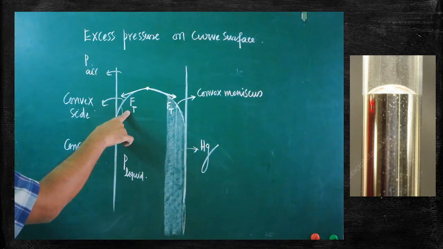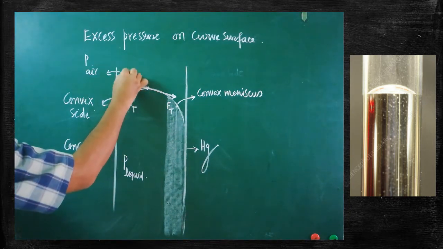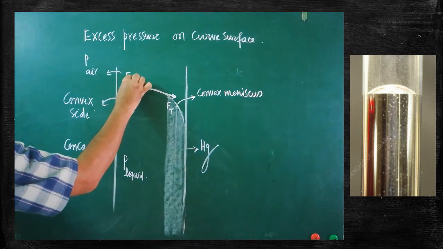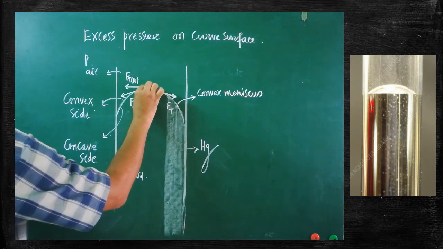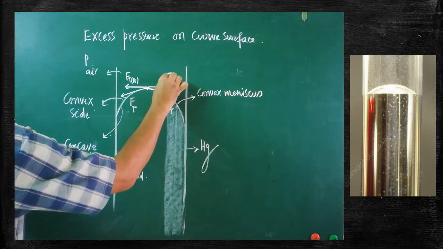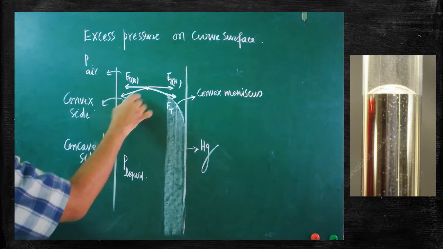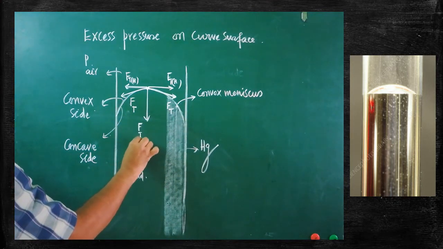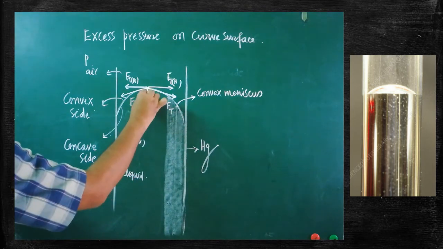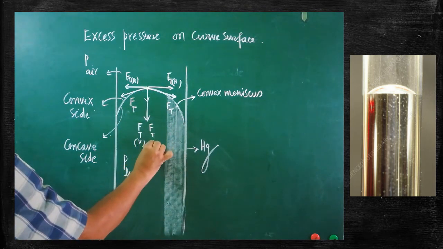This force due to surface tension can be resolved into two components. The horizontal component can be called Ft horizontal, and this force also can be resolved into a horizontal component, Ft horizontal. Its vertical component can be drawn in this direction, Ft vertical. The vertical component of the other can be drawn on the same line, also called Ft vertical.